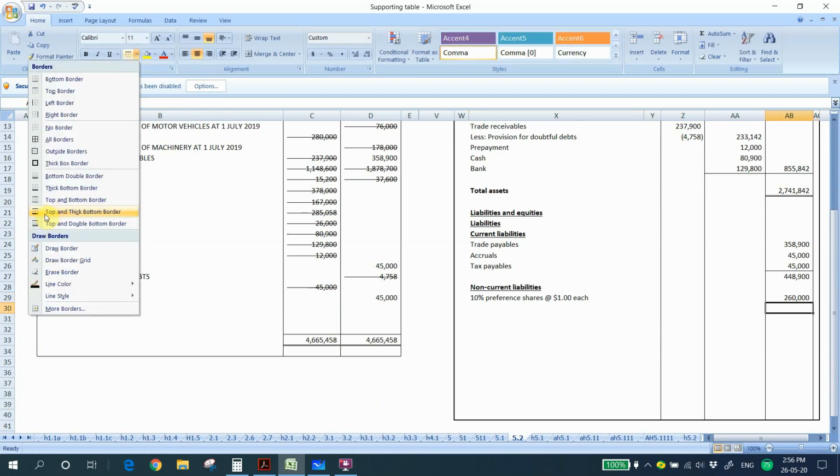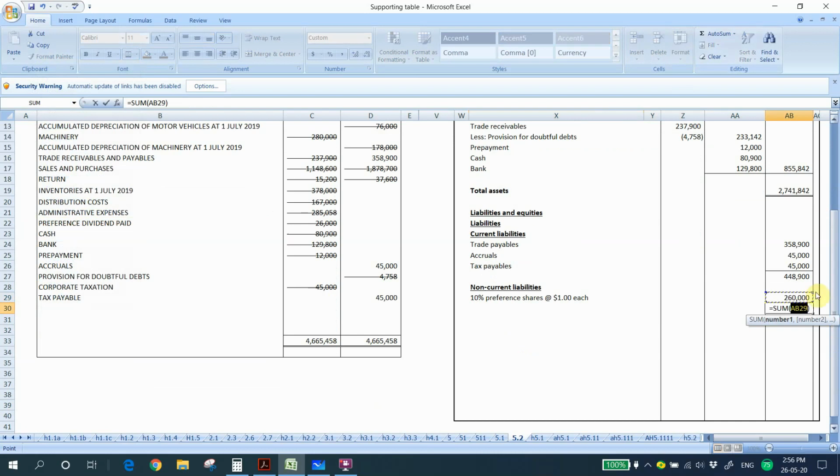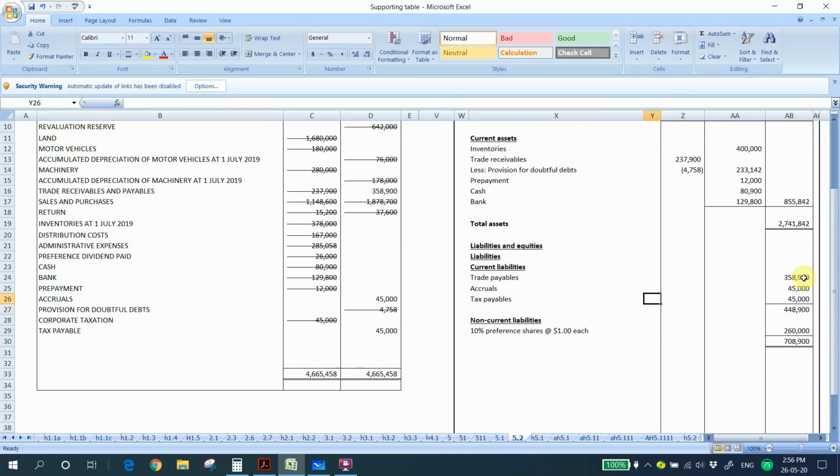So our total liability 708,900. So we strike through the information that being used.